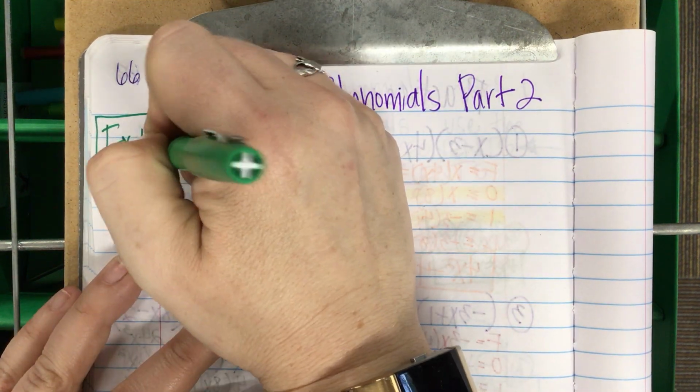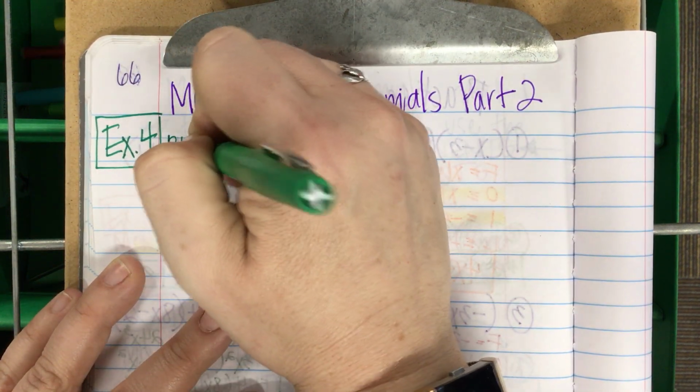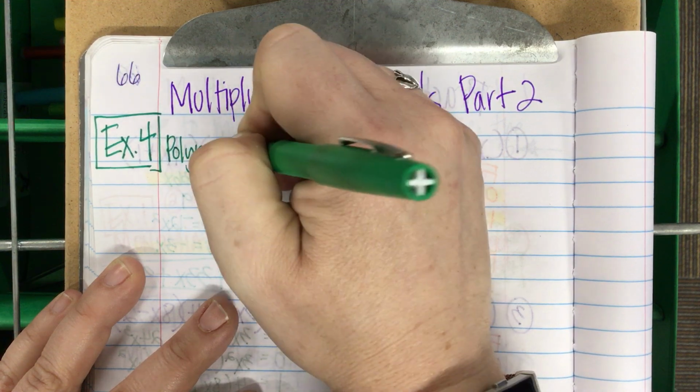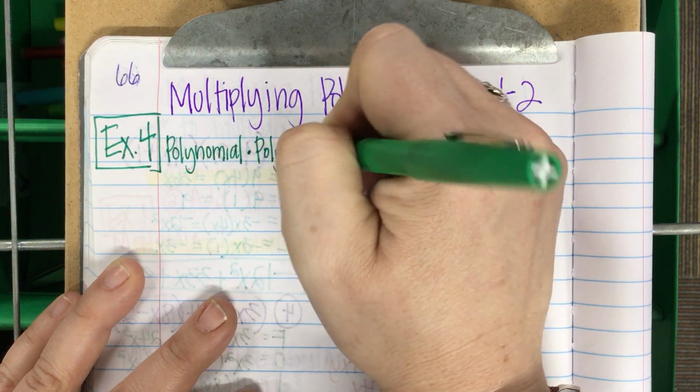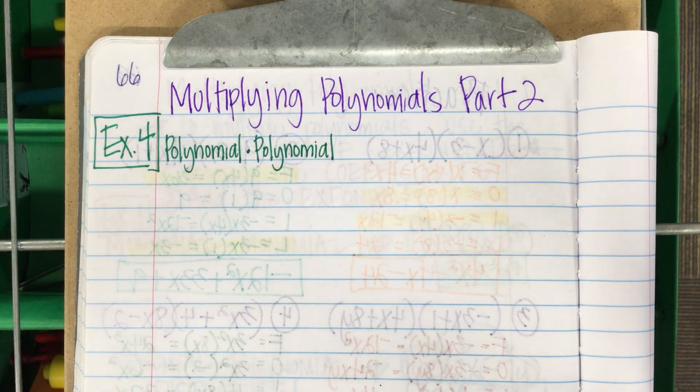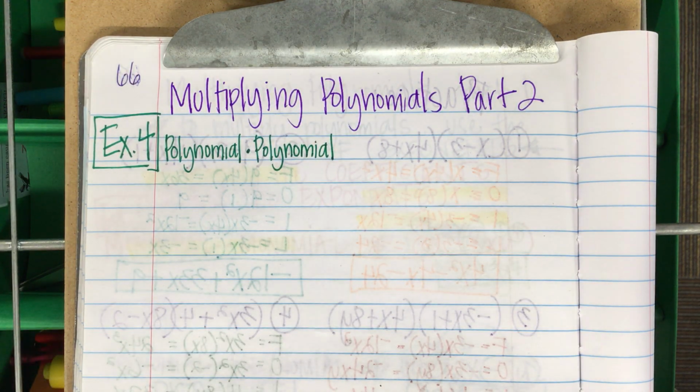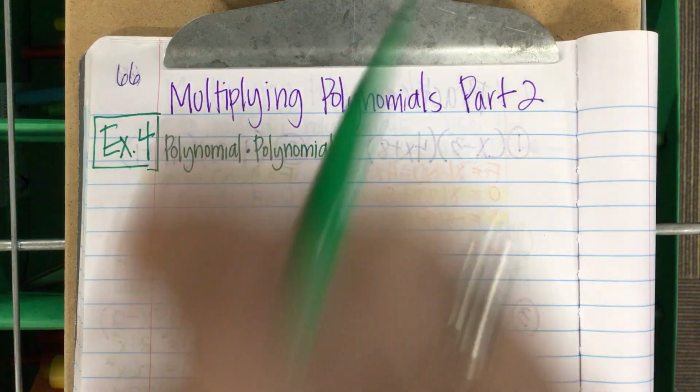Example type 4 is a polynomial times a polynomial. And again, yesterday when we did this, and it was a binomial times a binomial, we talked about how it was just double distribution.